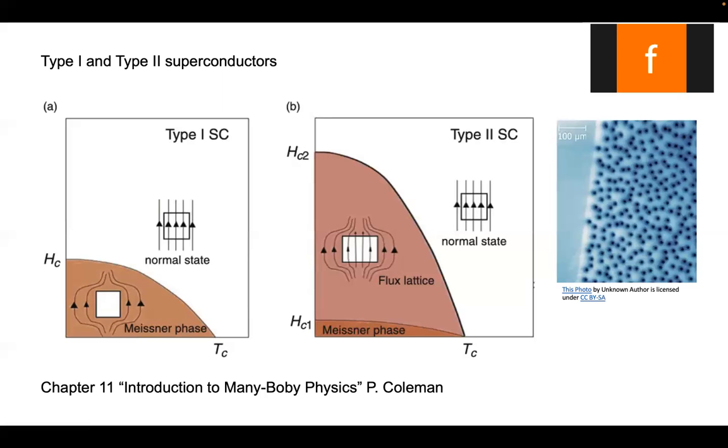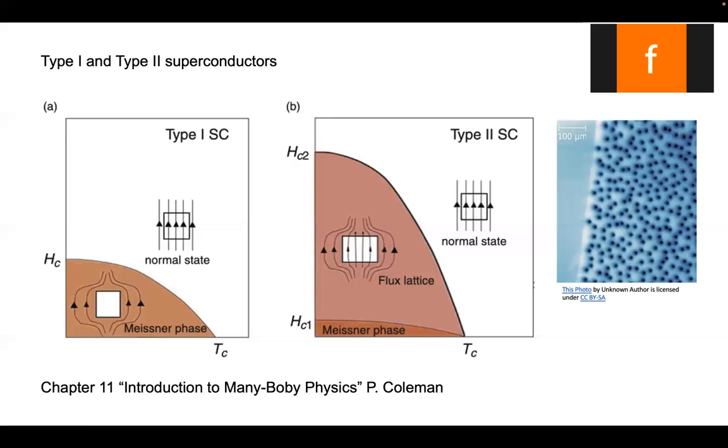But then if you change the magnetic field a bit again, you enter a third phase, which is again the Meissner phase, where the magnetic field is expelled. No magnetic field enters the sample.